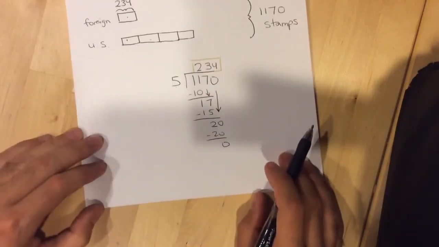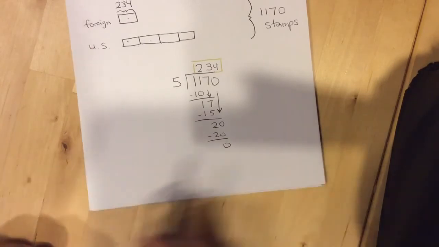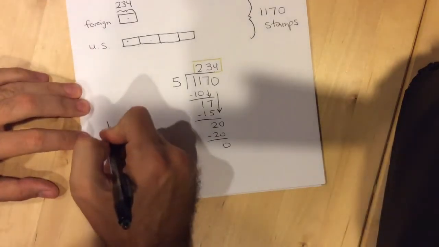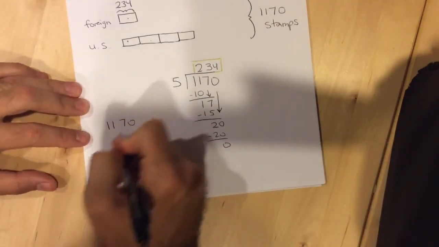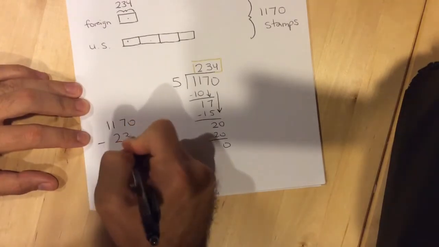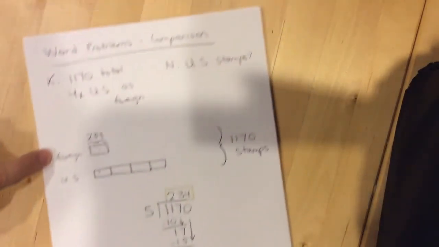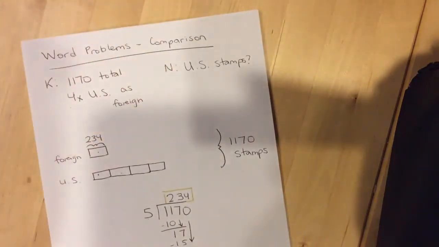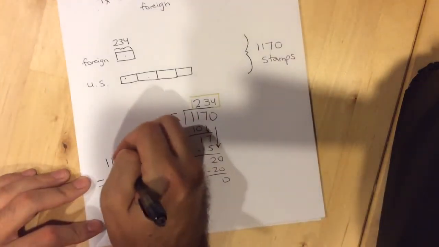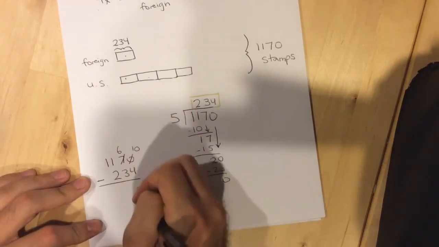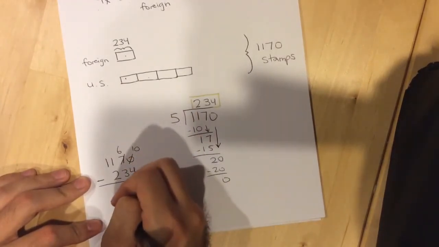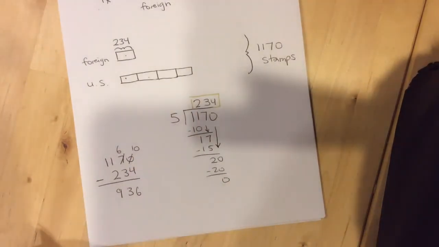So there are 2 ways now for me to solve this problem. I can either say my total, 1,170, minus 234, which is removing the foreign because we are looking for US stamps. When I subtract it, my answer will be 936.